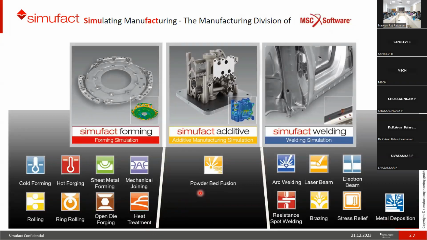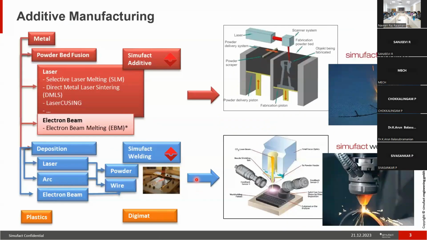Mainly, a brief overview of the metal additive manufacturing process, mainly the powder bed manufacturing processes. In powder bed manufacturing, the input source, most of the time, is a laser for the selective laser melting process or the direct metal laser sintering process.